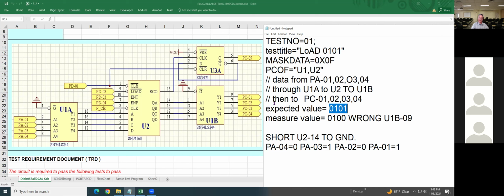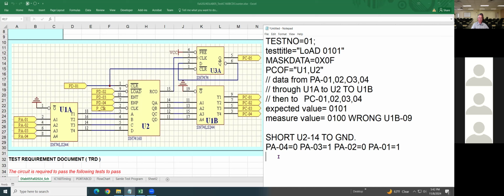Or you can go backward from U1 pin 9, 11, 14, 3, 18, 2. However, the way we want, I'm looking input U1, output U1. I know they're wrong on pin 9.